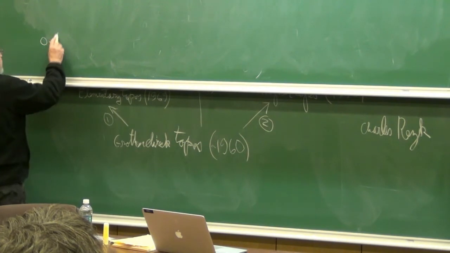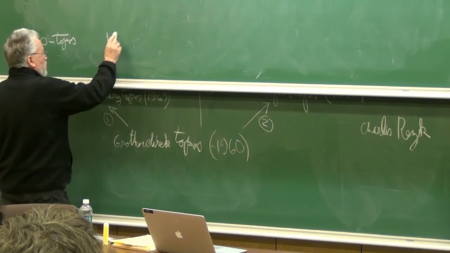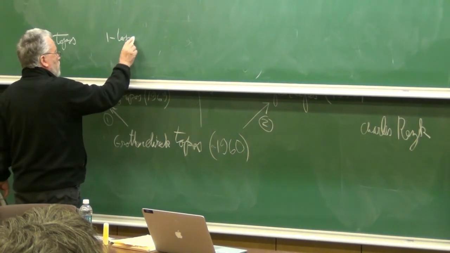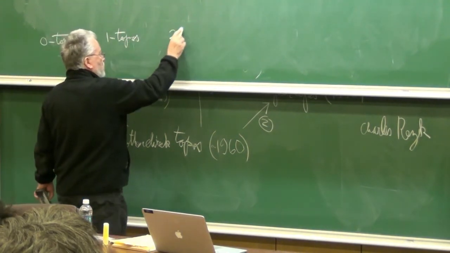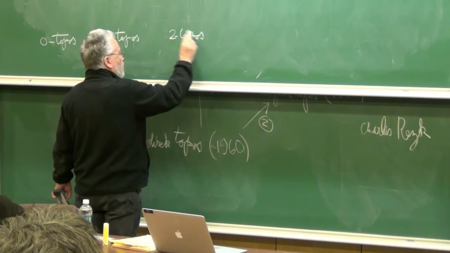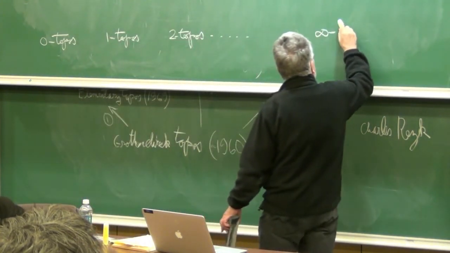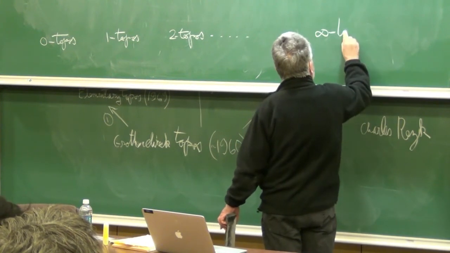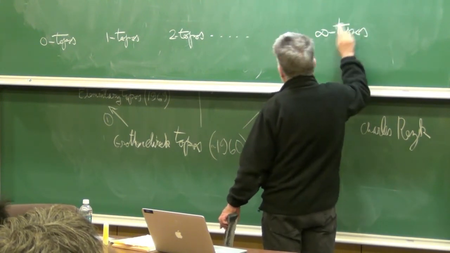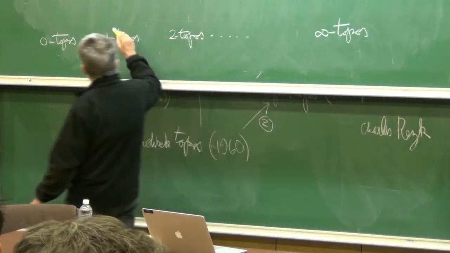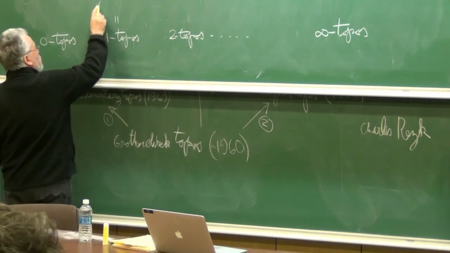There is a notion of 0-topos, and then the notions of 1-topos, of 2-topos, and eventually the so-called infinity topos. And the 1-topos are in fact the Grothendieck topos.